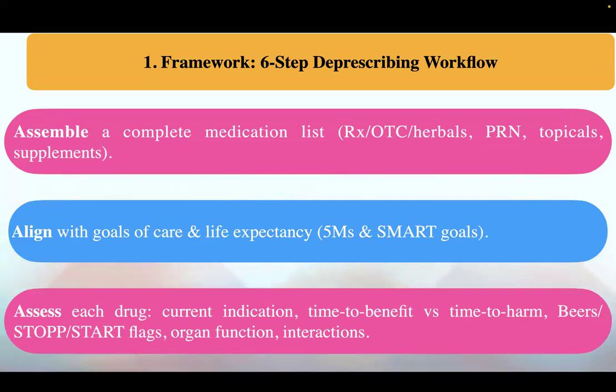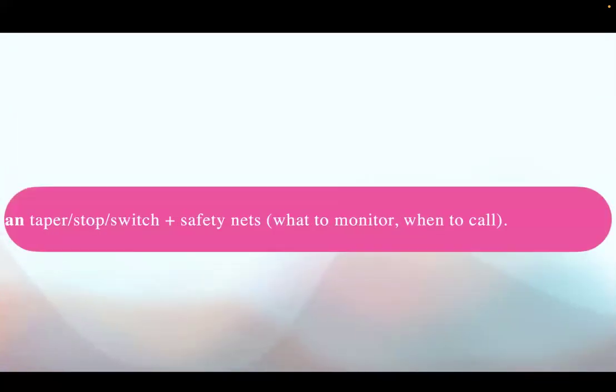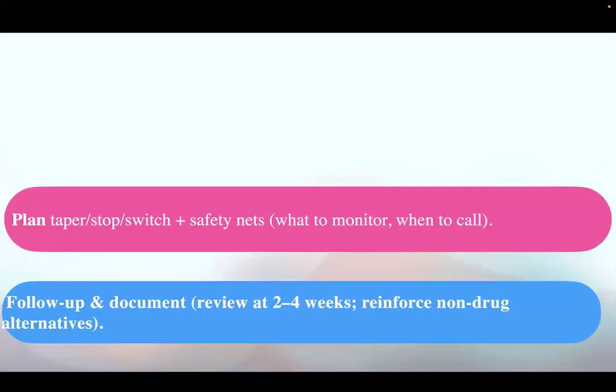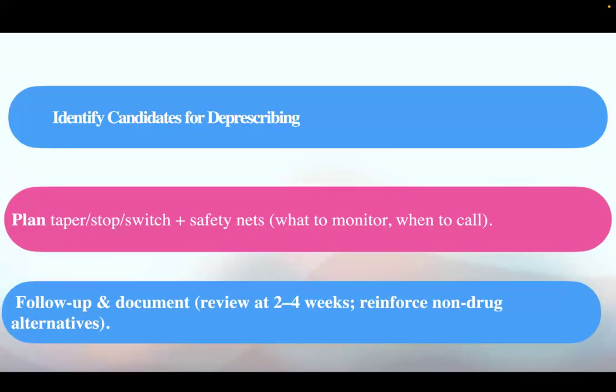First, assess, then align with the goal of care, assess each drug whether it is necessary or not. Now see, these are another three steps. The fourth one is identifying candidates for deprescribing.